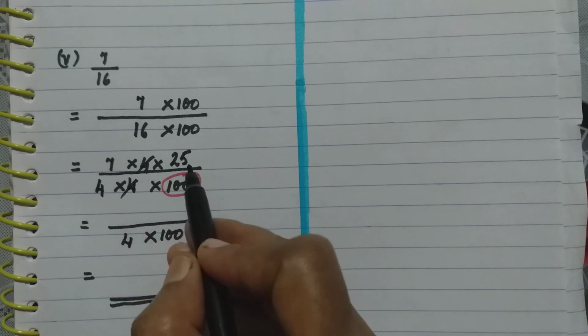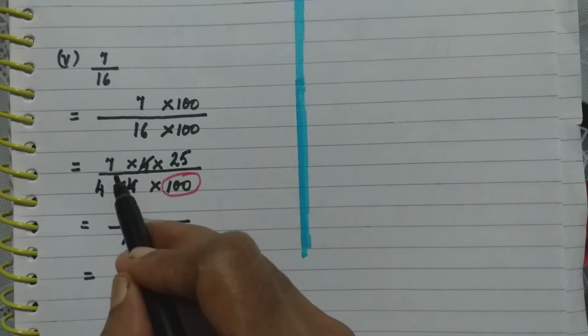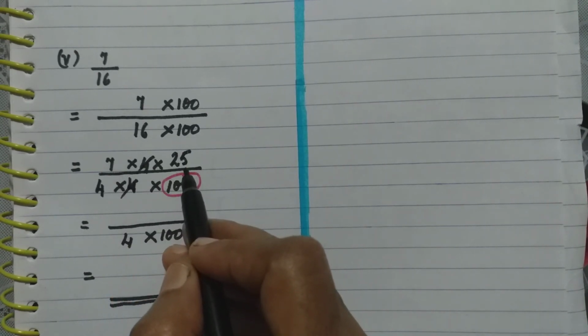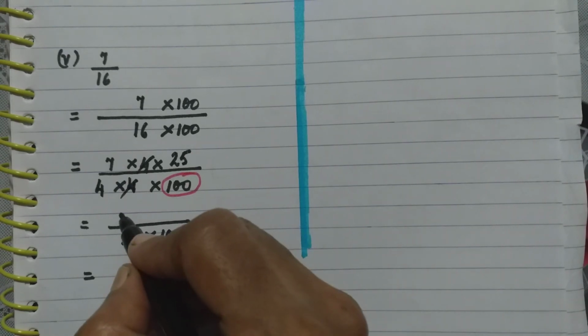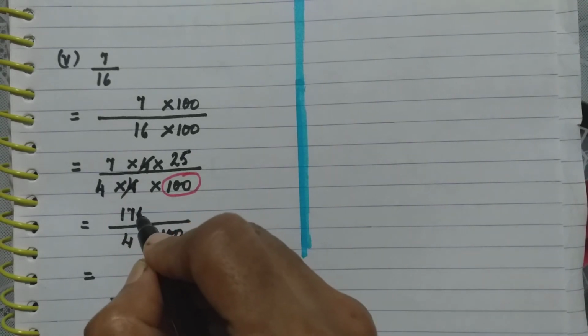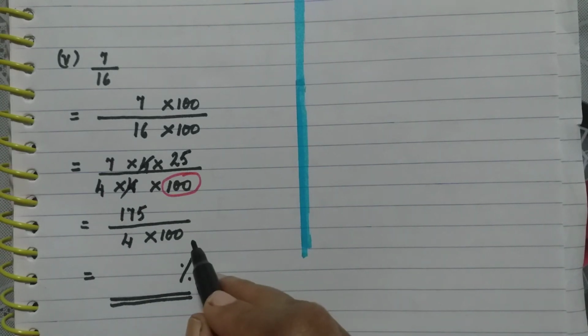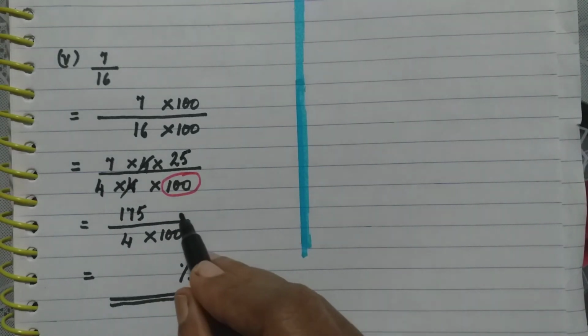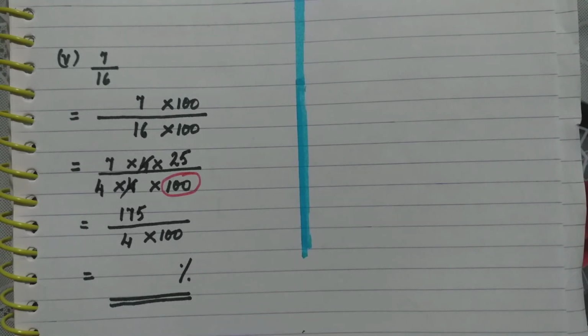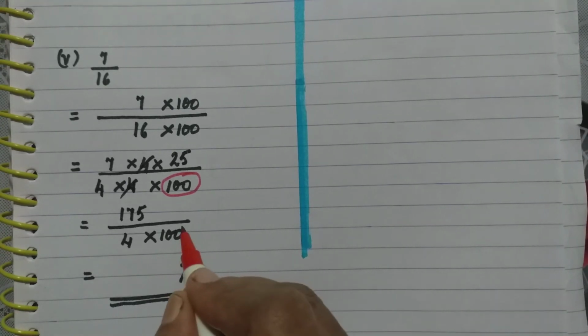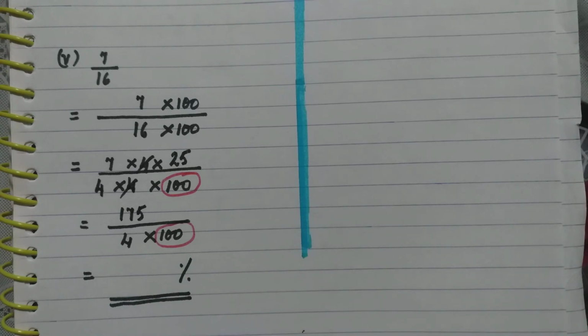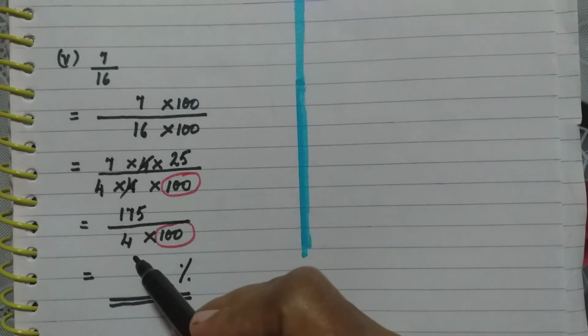Now 7 into 25 is 175. Then in the denominator we have 4 into 100. Now this upon 100 becomes here percent.